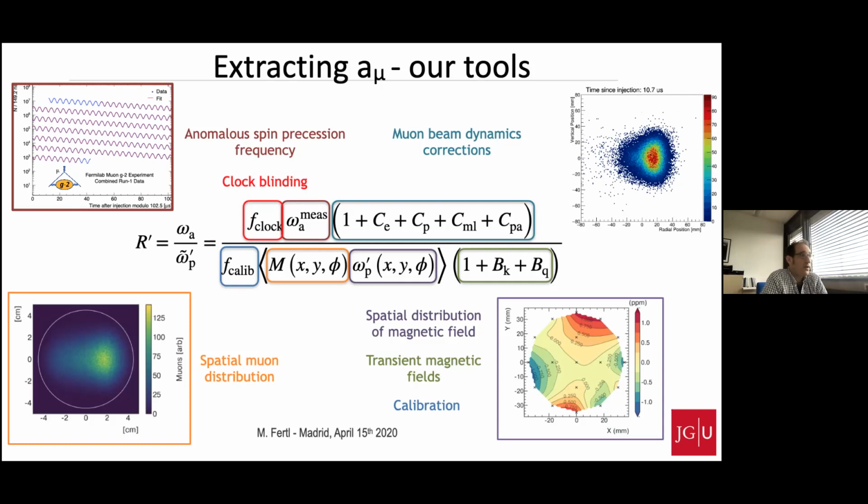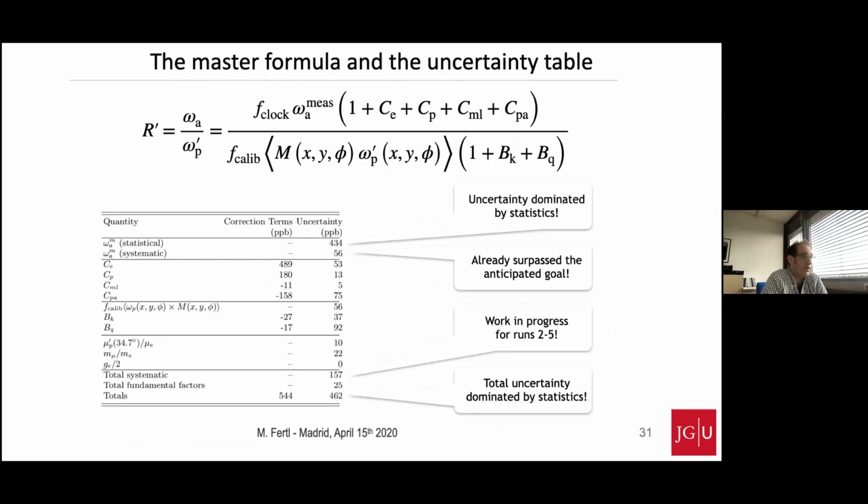But before doing so, I just want to flash you with the uncertainty table from our experiment, from the publication. I want you to take away that basically the experiment currently is completely dominated, the uncertainty, by just the statistics of omega_a. You see this is more than 430 parts per billion.